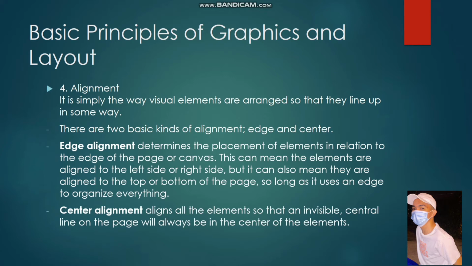This can mean the elements are aligned to the left side or right side, but it can also mean they are aligned to the top or bottom of the page, so long as it uses an edge to organize everything, while center alignment aligns all the elements so that an invisible central line on the page will always be in the center of the elements.